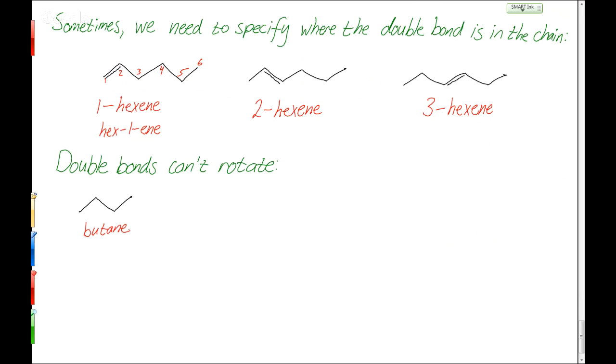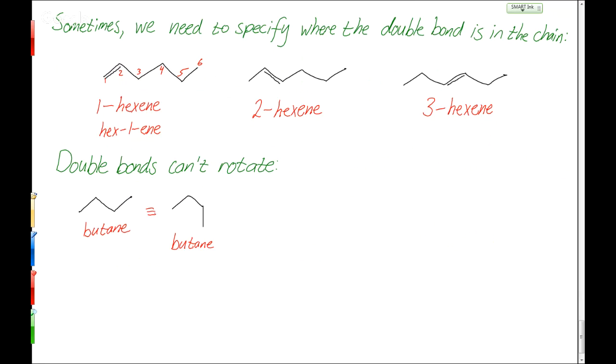Remember doing that? We drew them on the board and kind of had them all going in different directions. And the reason we could do that is because no matter how you draw 4 carbons connected in a row, these are exactly the same. They're equivalent structures because single bonds can twist and do whatever you want with them. So it doesn't matter how you draw it, it's always the same.